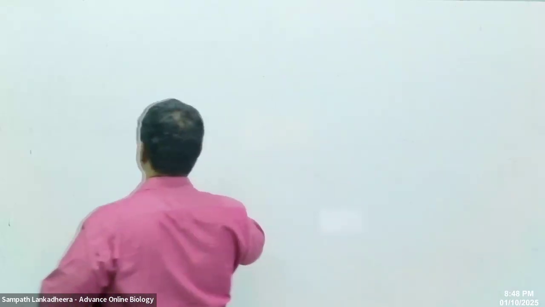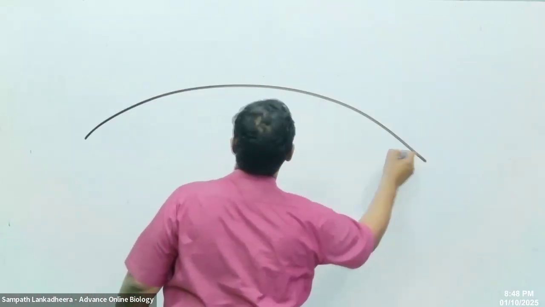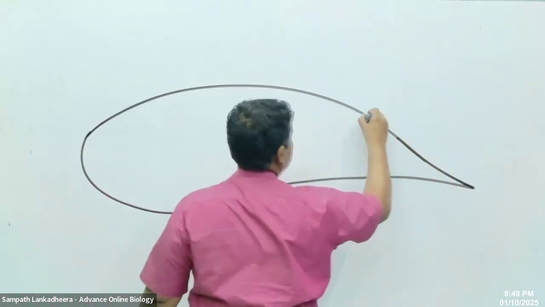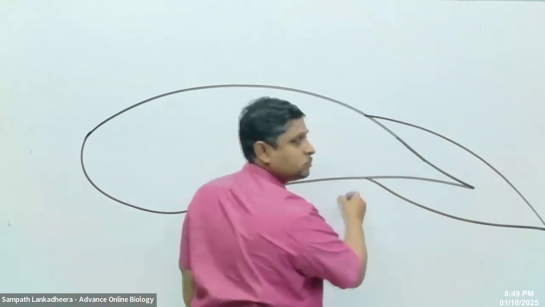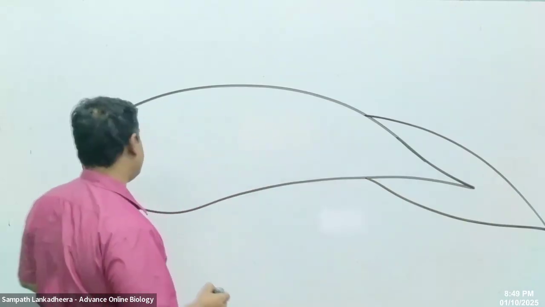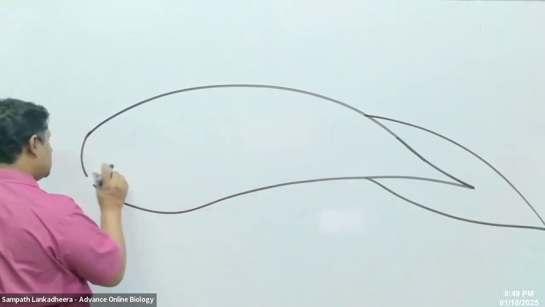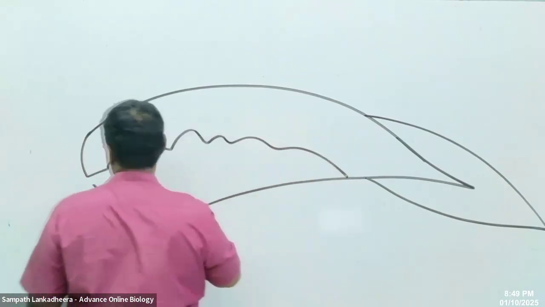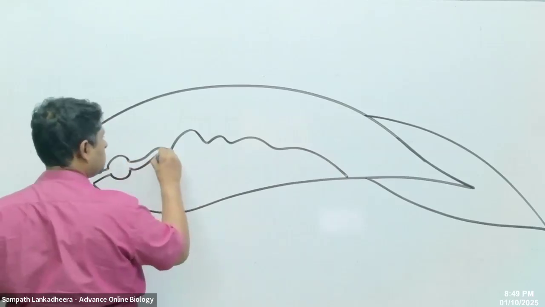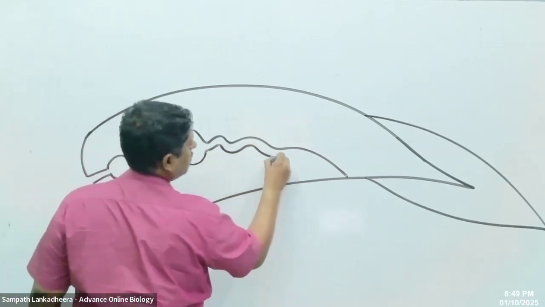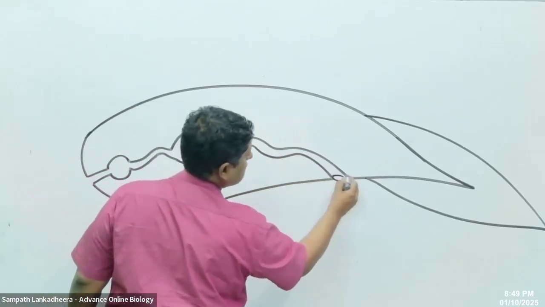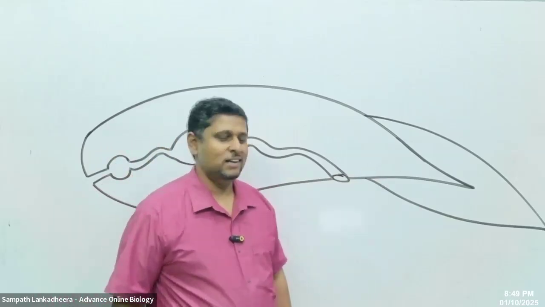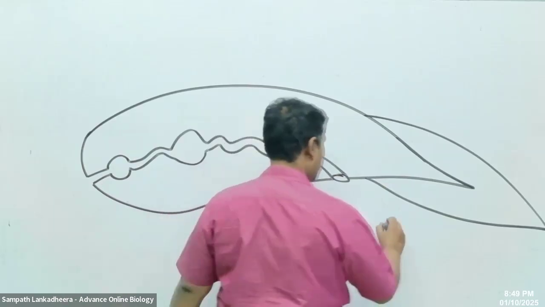What are the basic features of a chordate? They have a tail. Then this is their GI tract. They have an anus, and beyond the anus there is a tail. What do you call that?